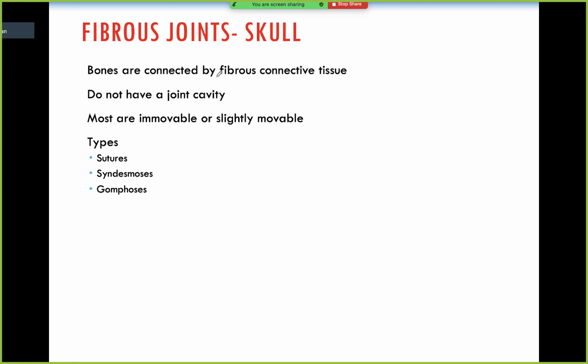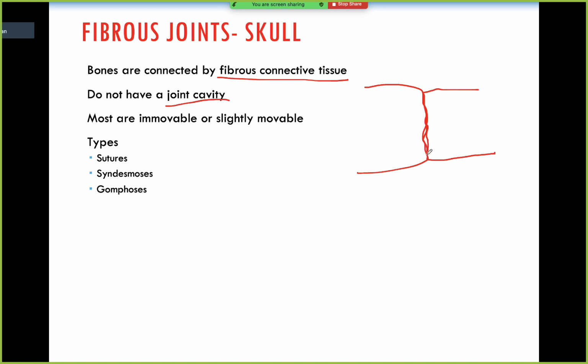They're connected by fibrous connective tissue, and they do not have a joint cavity, which means, let's say we're talking about the parietal bone in the skull and another parietal bone in the skull. They're connected together directly without any kind of spacing in between them. These kinds of joints are considered immovable and sometimes just slightly movable.